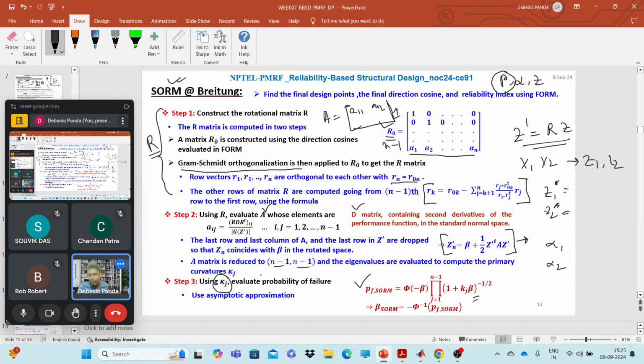Kappa we found from the A matrix. Once we have this probability of failure, we can calculate the reliability index beta, which is nothing but phi inverse of minus PF second order. So this is the algorithm to solve second order reliability problems using the Breitung approximation.